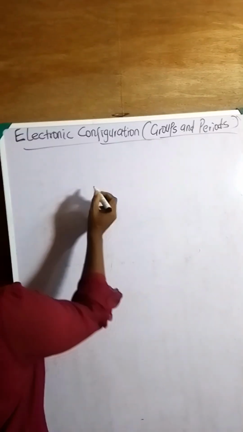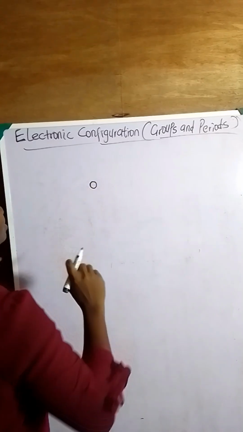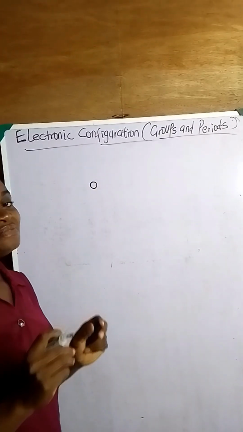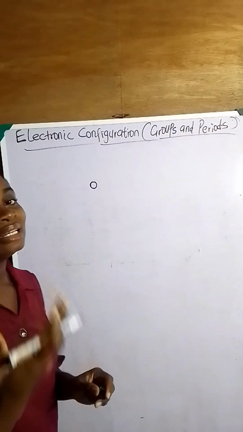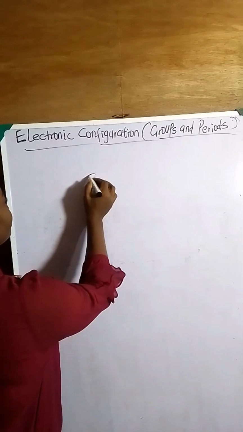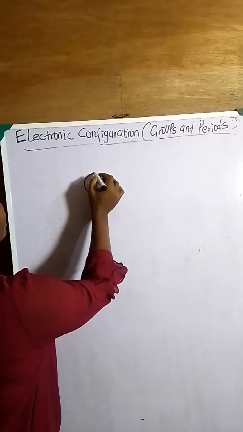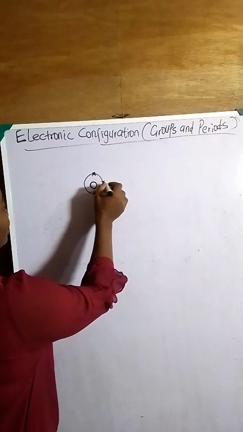So, let's draw this to explain what we mean. The atom is very, very small. Are you getting me? Now, assuming that this is our nucleus, the nucleus present in an atom. So we have our nucleus, and this nucleus is usually surrounded by what we call electrons.